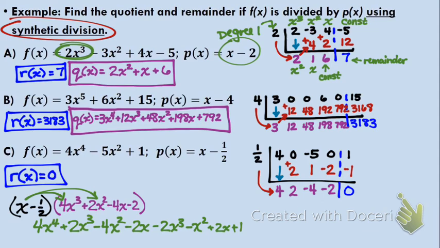Does that give me my original function back? Yes, 2x cubed minus 2x cubed, minus 5x squared, -2x plus 2x. So this is my function.